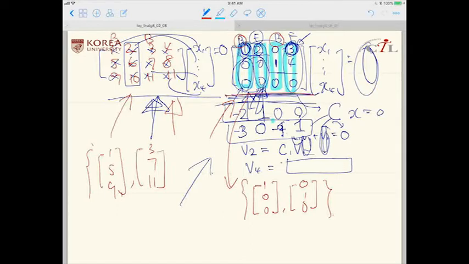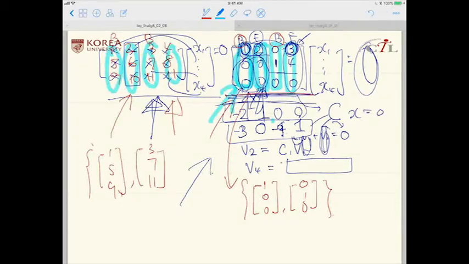The left or right? The left, right? Our column space is a span of these four vectors, not the four vectors on the right. So we have to select those columns from the left, the original matrix.